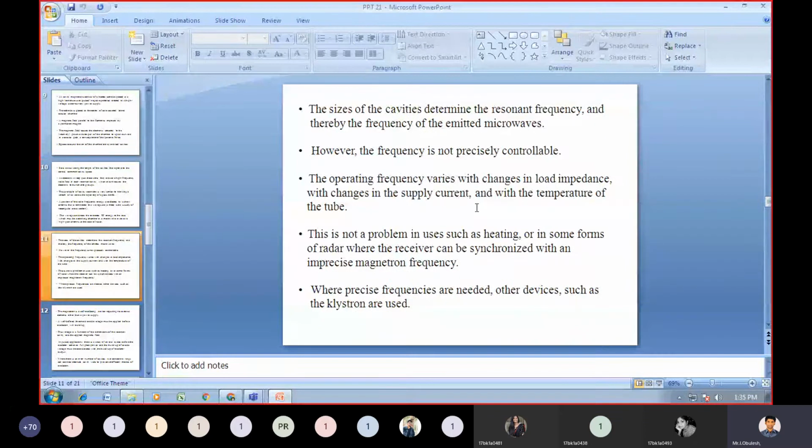The sizes of the cavities determine the resonant frequency and thereby the frequency of the emitted microwaves.